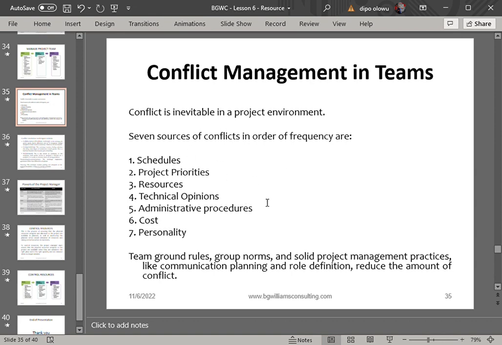Also take note, conflict in a project cannot be eradicated, but it can be brought down to the lowest level. And that lowest level of conflict can be achieved with the help of the team charter.